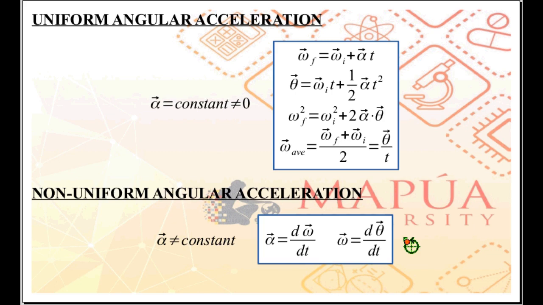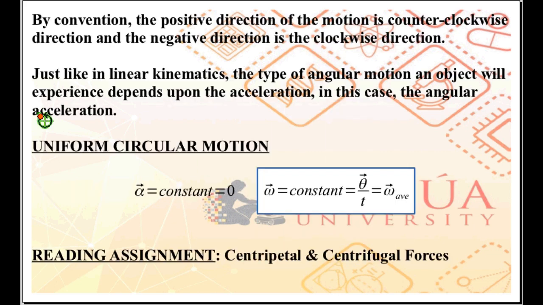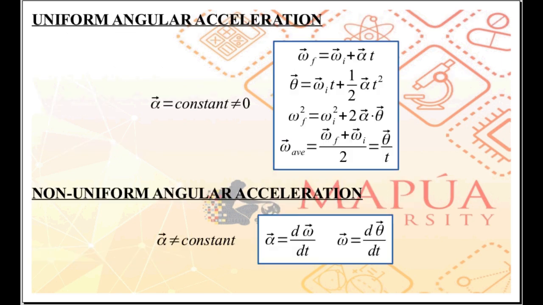You may have noticed that for uniform circular motion, uniform angular acceleration, and non-uniform angular acceleration, the equations are familiar. That's because if you go back to your motion in a straight line, to your rectilinear kinematics, you will find equations of the same form. V is equal to dx over dt.